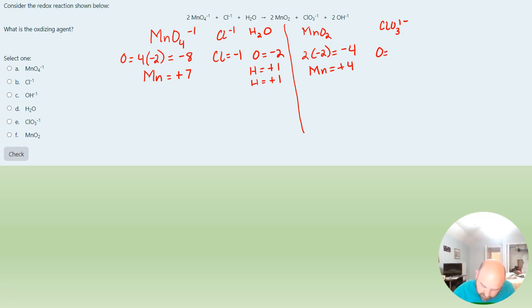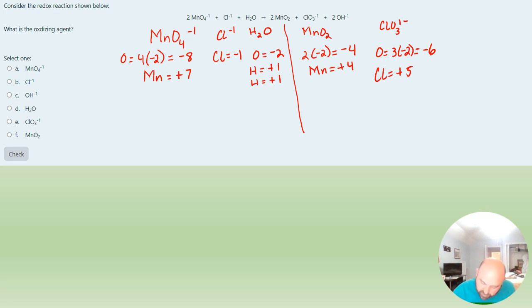Oxygen, there are now 3 of them with -2 oxidation apiece for a total of -6. If the total oxidation on the whole ion is 1 minus, that means that the oxidation numbers of each atom have to add up to 1 minus, which means chlorine is in a state of +5.